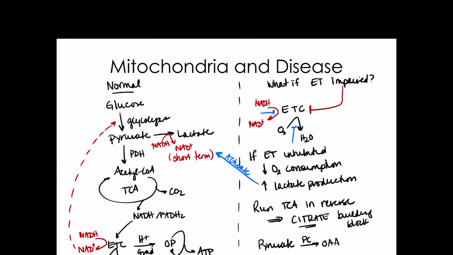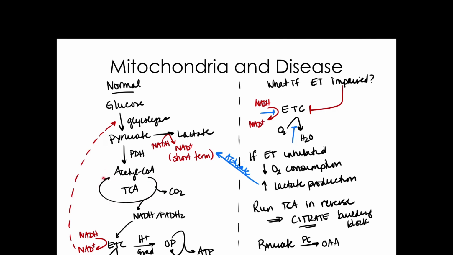So highlighting again what we showed on that first slide, but written in our own words here, thinking about what happens in normal functioning mitochondria. We've got glucose that undergoes glycolysis to generate pyruvate. Pyruvate will undergo oxidative decarboxylation by pyruvate dehydrogenase to generate acetyl-CoA.